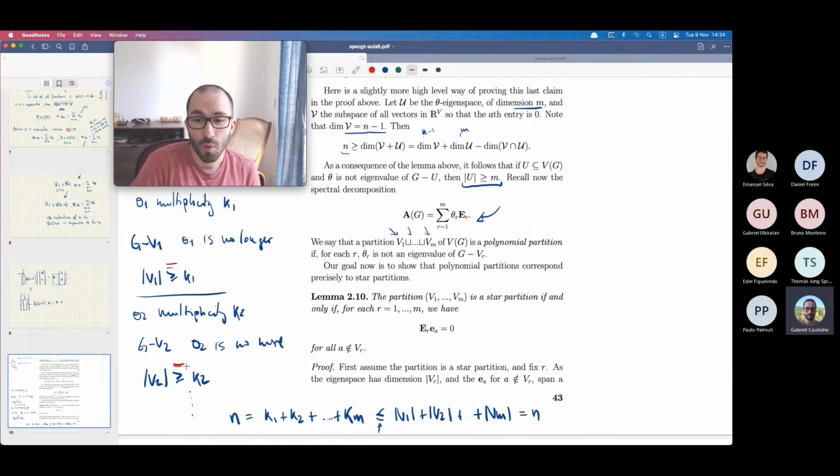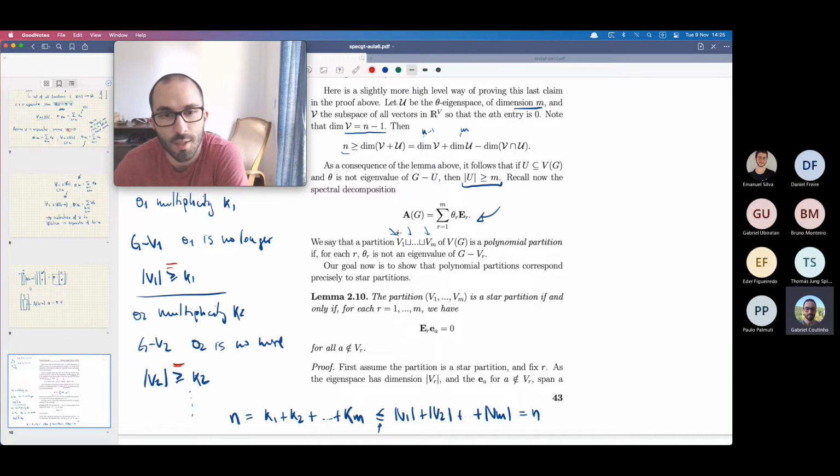So it really resembles what we were doing before with the star partitions, with the fact that we had some linearly independent vectors generating the eigenspaces, but then they had to actually fit and equality had to be true. It's exactly what's happening here. All right, so a polynomial partition is a partition of the vertex set.